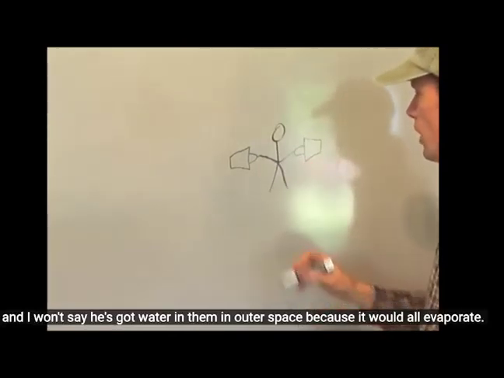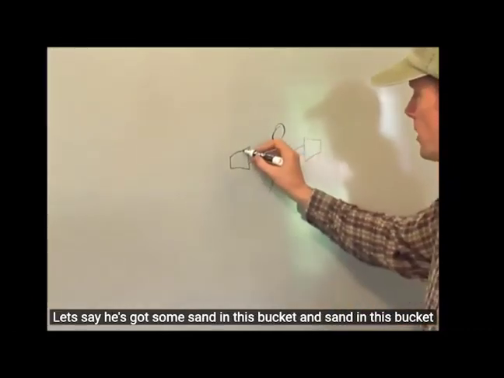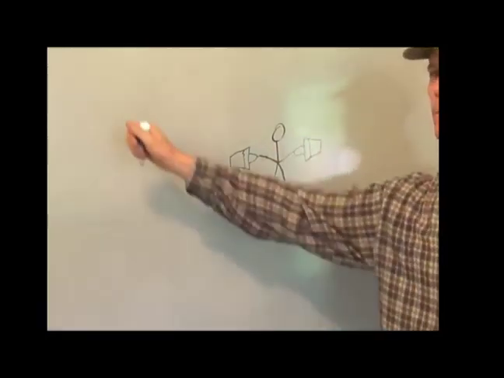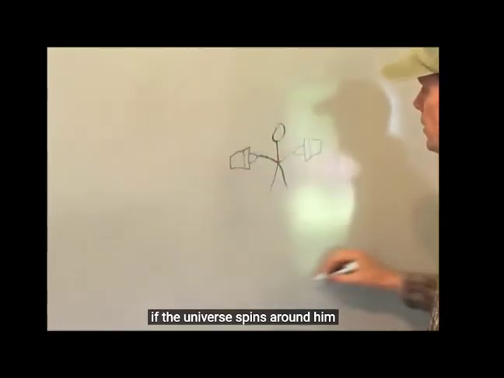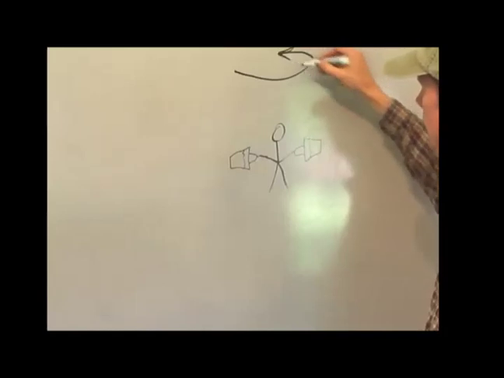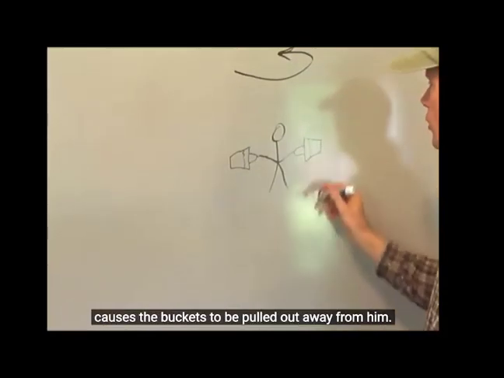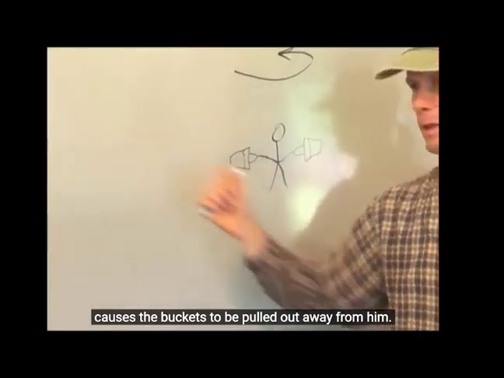I won't say he's got water in them in outer space because it would all evaporate. Let's say he's got some sand in this bucket and sand in this bucket. And if the universe spins around him in this direction, somehow the universe spinning around him causes the buckets to be pulled out away from him.